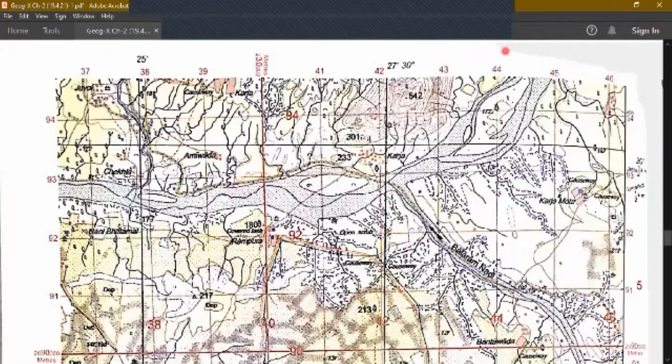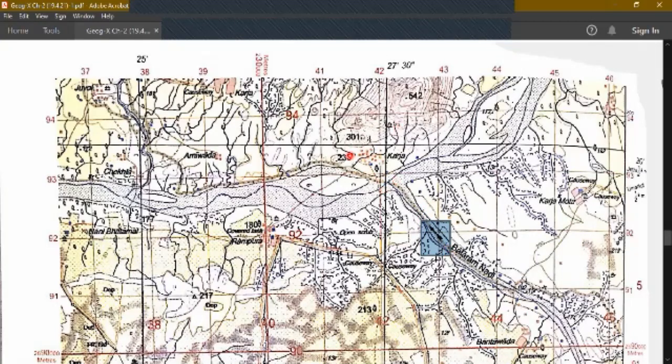Now, to find out the direction of flow of the river and slope of the land. Direction of flow of the river is shown by an arrow, or it can also be found by noting down the spot heights. The river will be flowing in the direction in which spot height decreases.